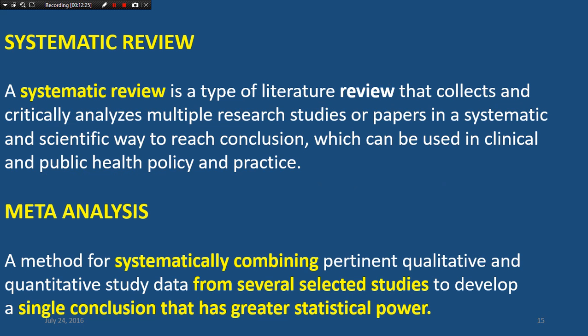When we collect data from multiple studies and analyze it and come to a statistical conclusion from several selected studies to develop a single conclusion that has greater statistical power. Okay, when we apply statistical analysis in a systematic review, it will become meta-analysis.